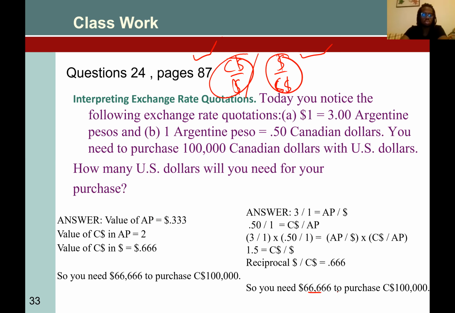The answer is the same, so you can use either method. Either you find out Canadian dollar over dollar, or dollar over Canadian dollar, and then you find out how many dollars are going to be exchanged with 100,000 Canadian dollars, right?